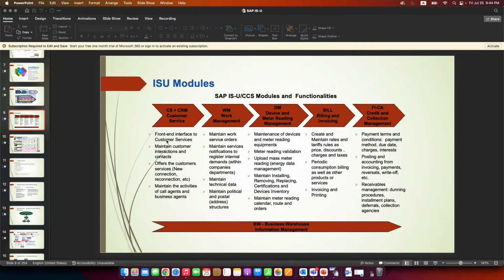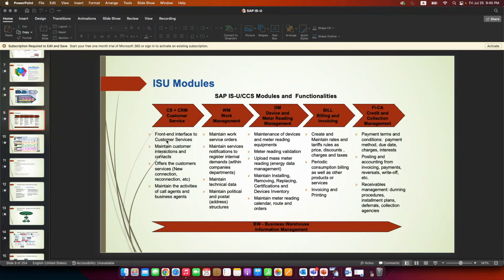Starting from the customer enrollment, that means the first and foremost interaction with the utility company, where I want to have a service at my home or my property or whatever. That's where the customer interaction starts.